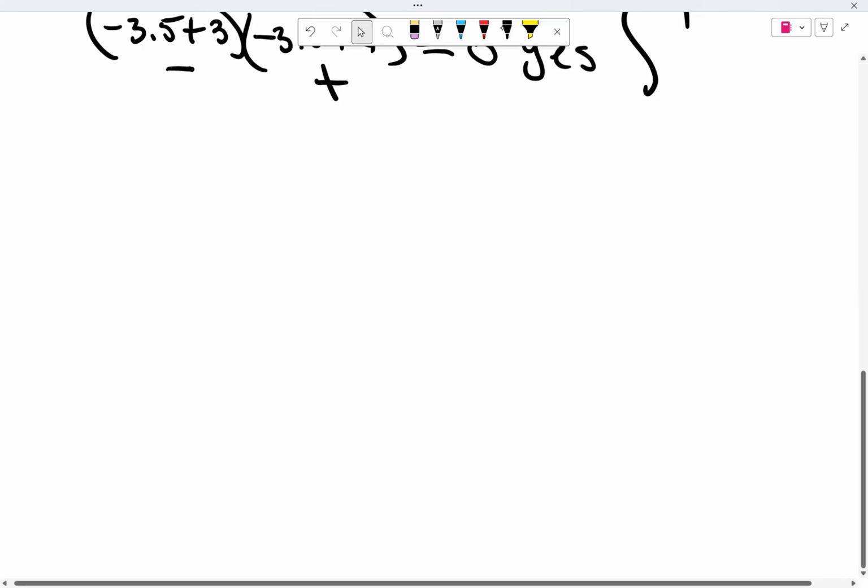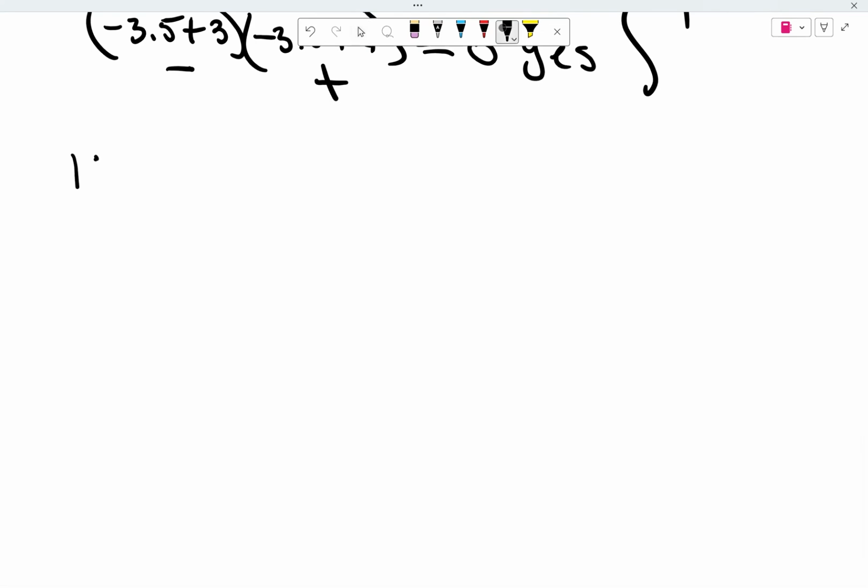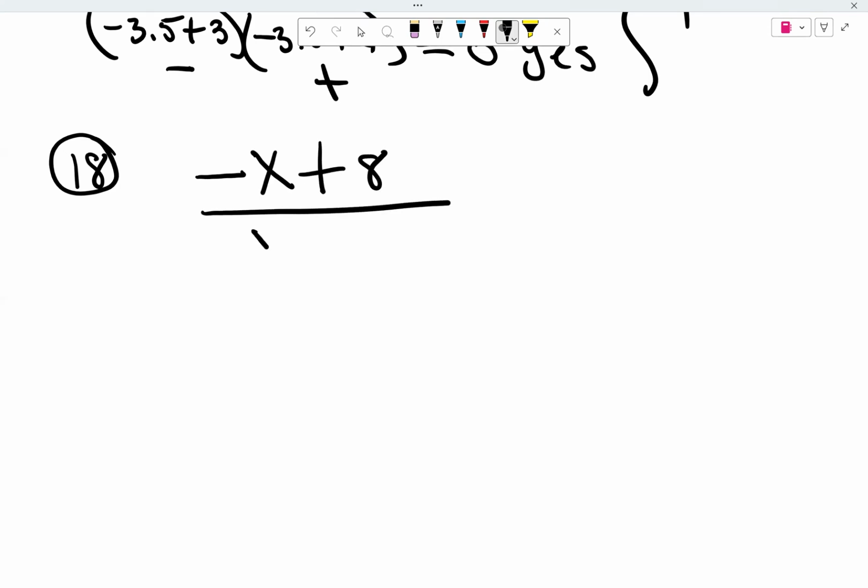Okay, so that's 19. Let's look at 18. Number 18 is actually very simple, and I want you to remember this. They give you negative x plus 8 divided by x minus 2, and that is greater than or equal to 0.